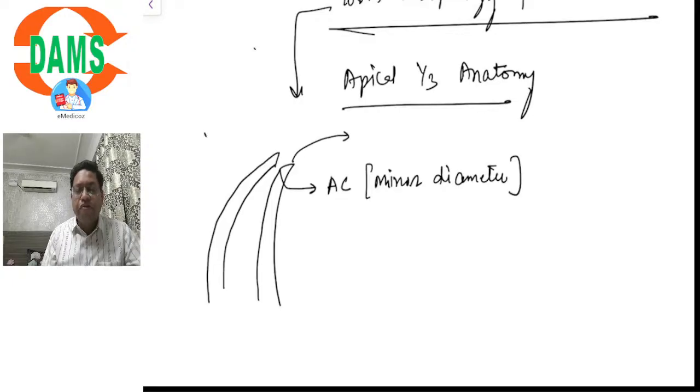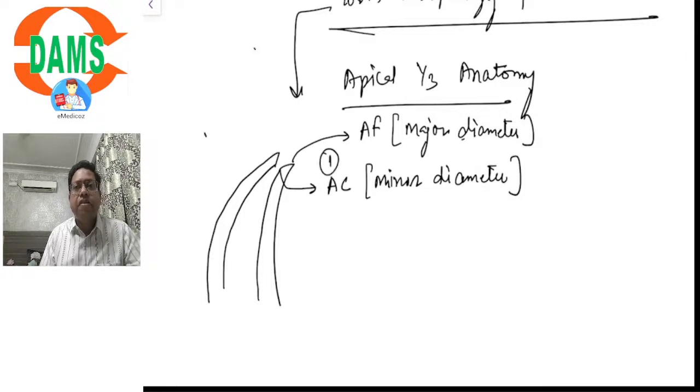Then the terminus of the root end is called the AF, apical foramen, or the major diameter. First anatomic landmark is the apical constriction or the minor diameter. The second anatomic landmark is the apical foramen or the major diameter.